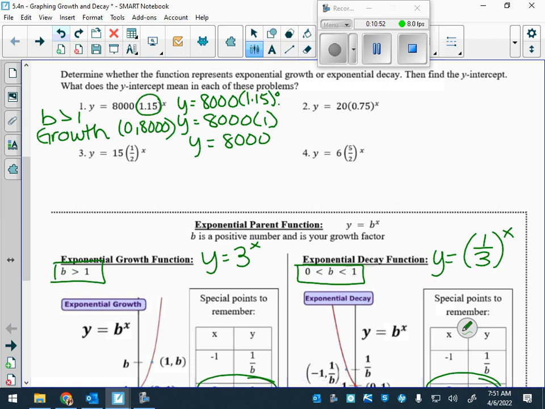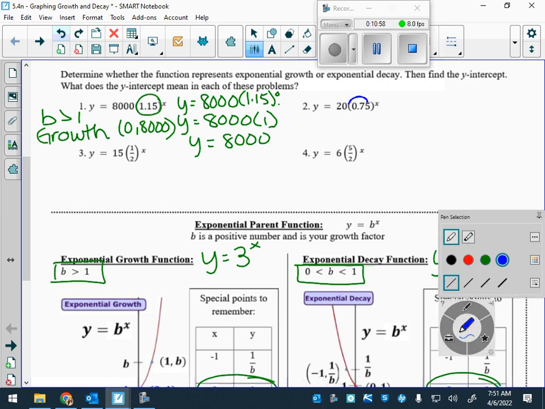All right. So if we look at number 2, is our b value greater than 1 or in between 0 and 1? In between 0 and 1. So therefore, what do we have?